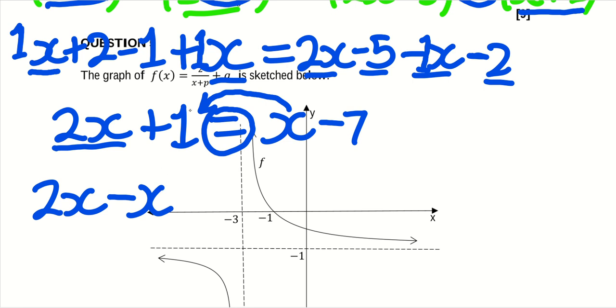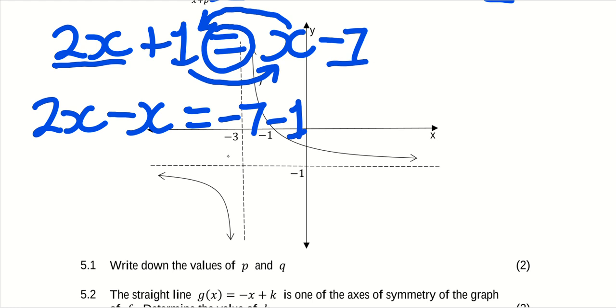Then the 1, I'm going to bring it to the right hand side, where we're left with the negative 7. When it comes to the other side, it will become negative 1. The sign also changes because it's skipping the equal sign, from positive to negative 1.